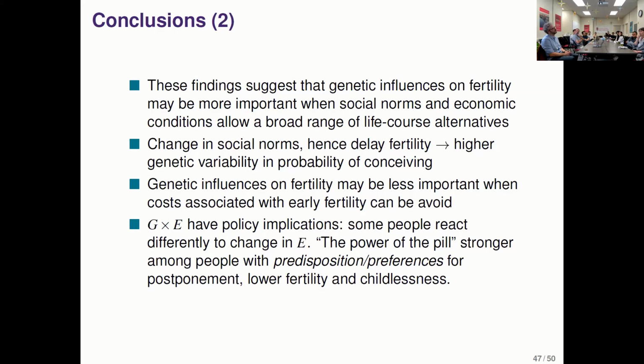Okay, but it doesn't really matter what kind of PGI it is. Well, for that first statement, it does. Is it really genetic influences on fertility? Because the EA PGI and the age of first birth PGI are highly correlated.